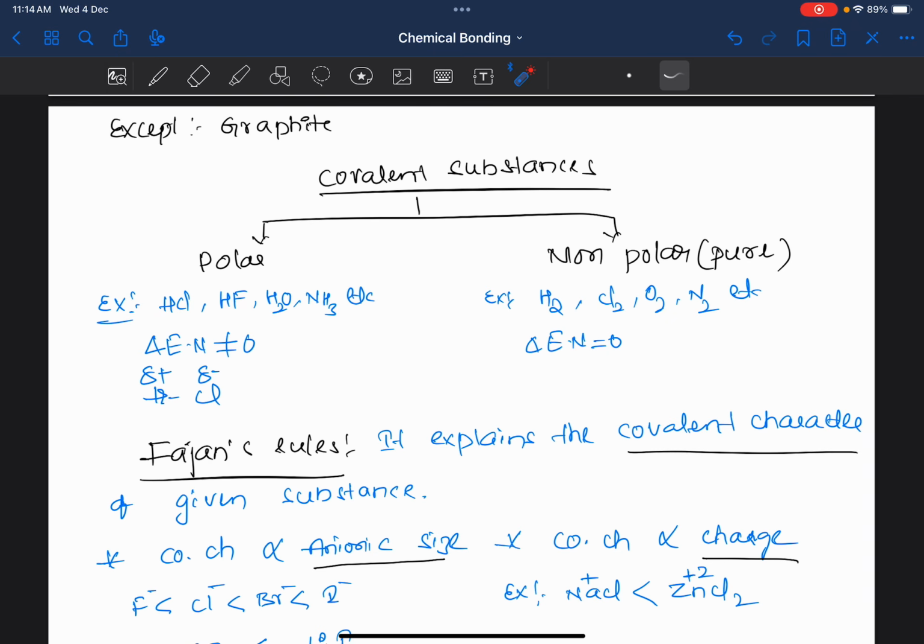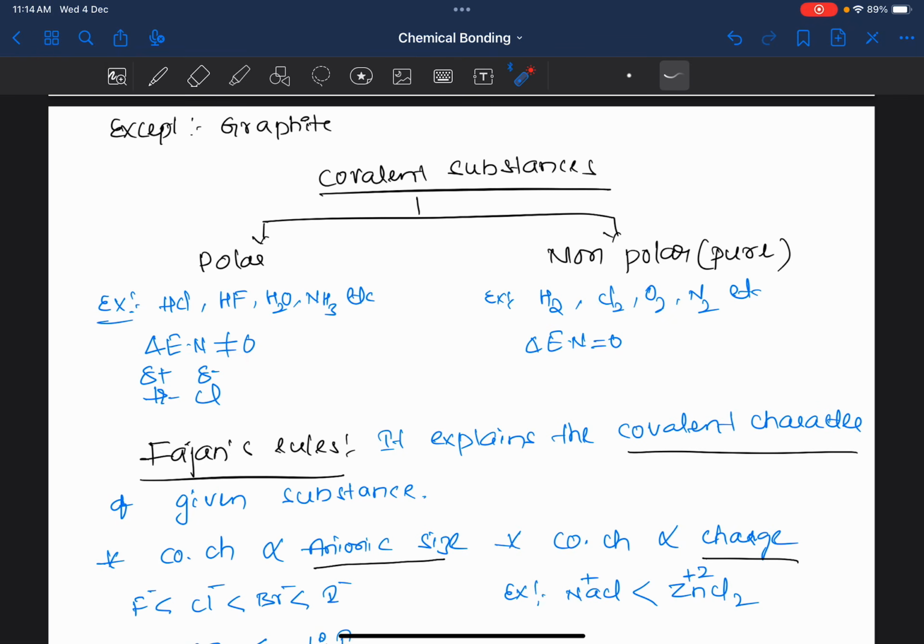Here hydrogen belongs to the first group and chlorine belongs to the 17th group. In the periodic table one is arranged at the left side and the other at the right side, therefore there is an electronegativity difference. That's why that electronegativity difference is not equal to 0.